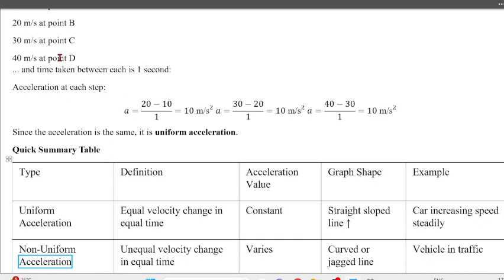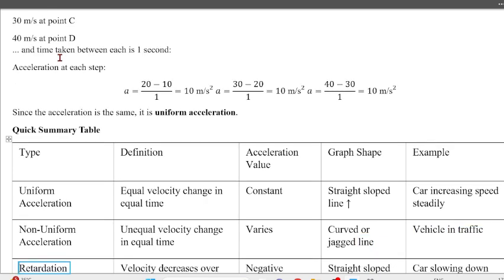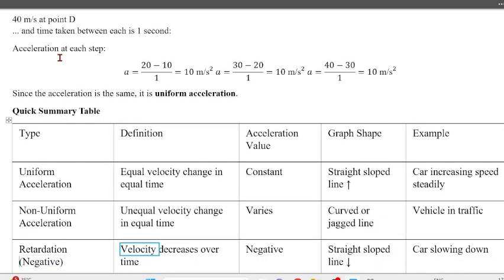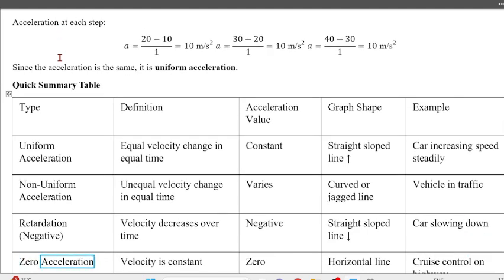Non-uniform acceleration: unequal velocity change in equal time, varies, curved or jagged line, vehicle in traffic. Retardation: velocity decreases over time, negative, straight sloped line, car slowing down. Zero acceleration: velocity is constant, horizontal line, cruise control on highway.